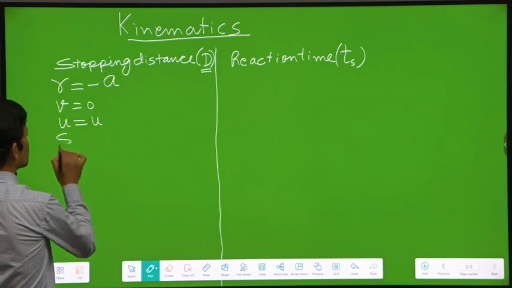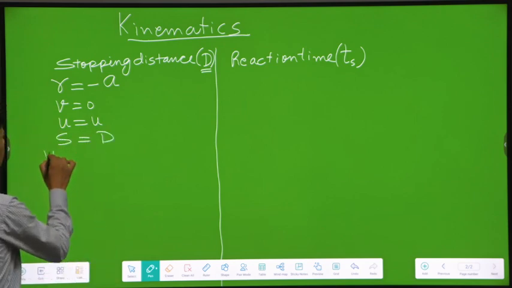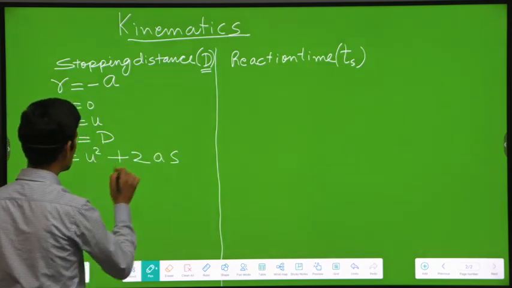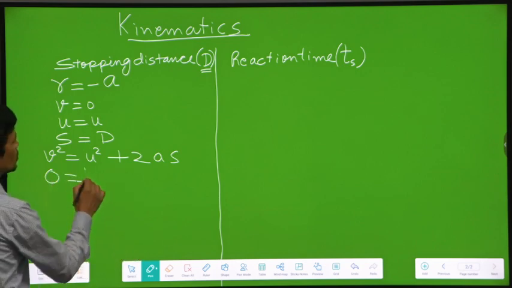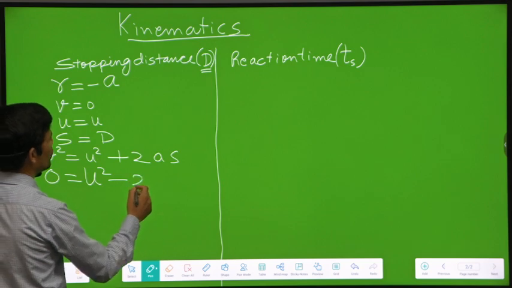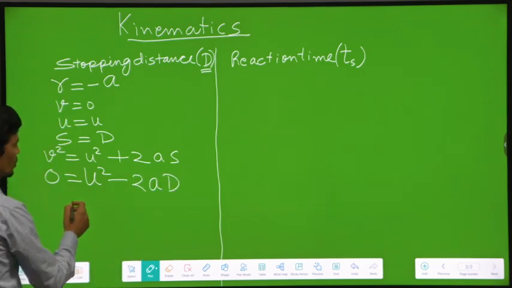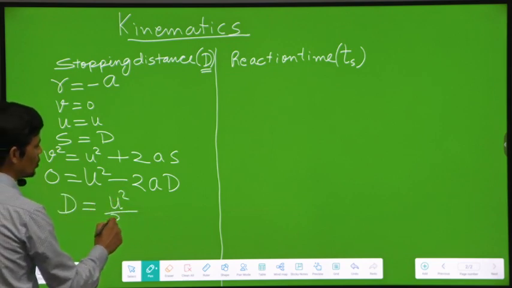So we are going to apply v square equal to u square plus 2as. v square is 0 because ultimately it will stop, u is the velocity with which it is moving, so 0 equals u square minus 2ad. From here d is equal to u square by 2a.